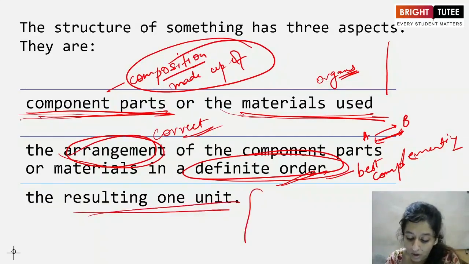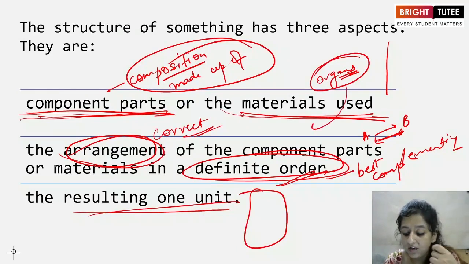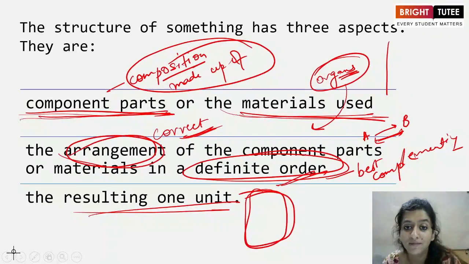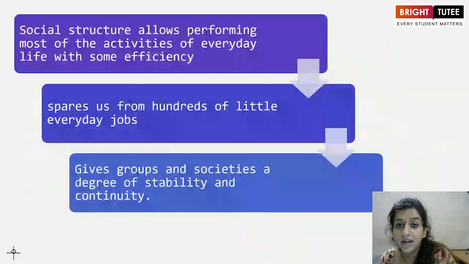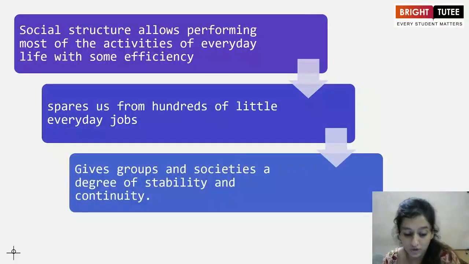So the whole body: you have organs, secondly you have the structure, the correct arrangement of the organs, and then you have the resulting one unit. These are the three aspects of structure in general.